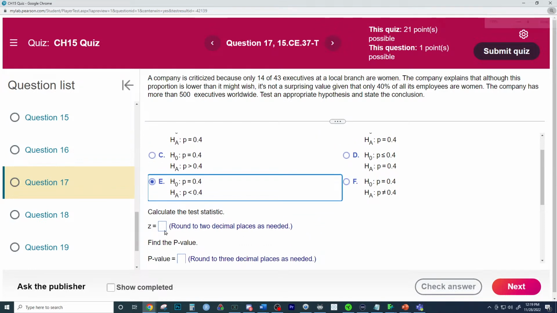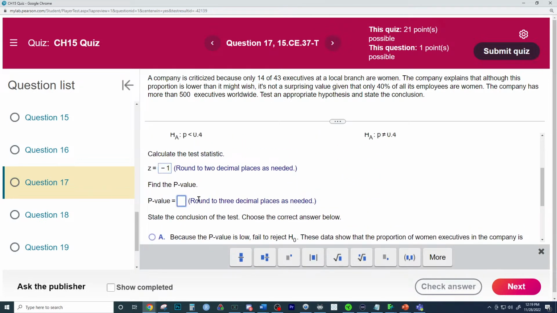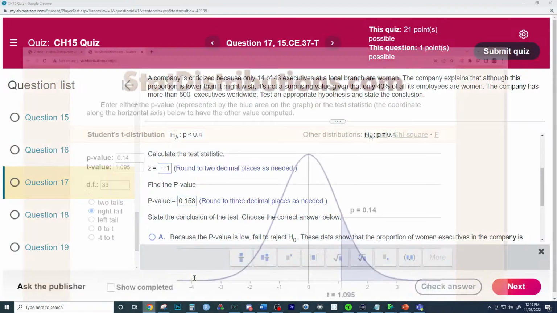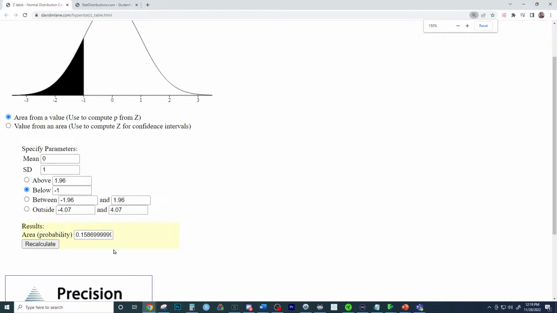Because with a z-score of basically -1, then the p-value to 3 decimals, I think, is 0.158. And let's check our work right here. Let's go over to the David M. Lane applet. Which way am I going to shade on the curve? There it is right there. It's 0.159.